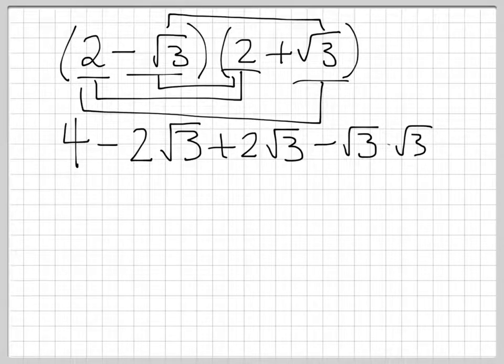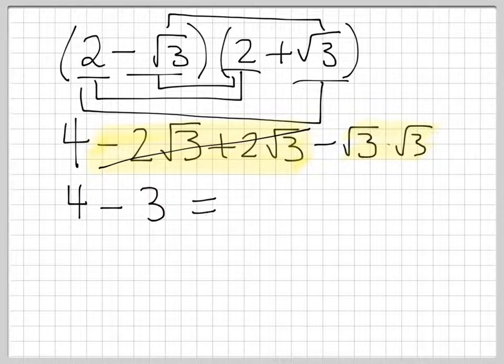And what we get, due to this, see how we have 2 radical 3 and negative 2 radical 3, they cancel. And so we're left with 4 minus, and then radical 3 times radical 3. Whenever you multiply a radical by itself, you get what's underneath, 4 minus 3, which is just 1.